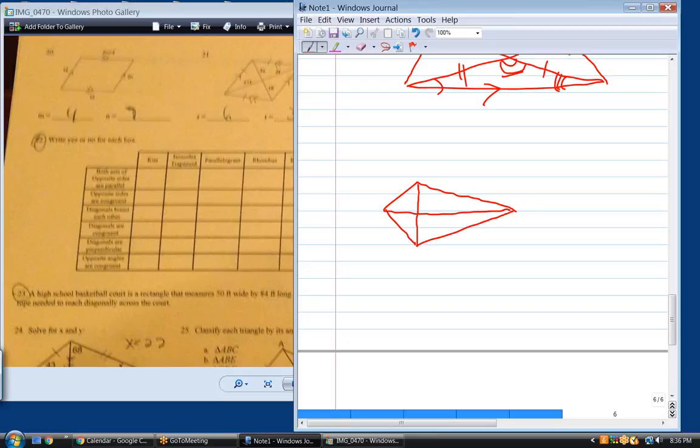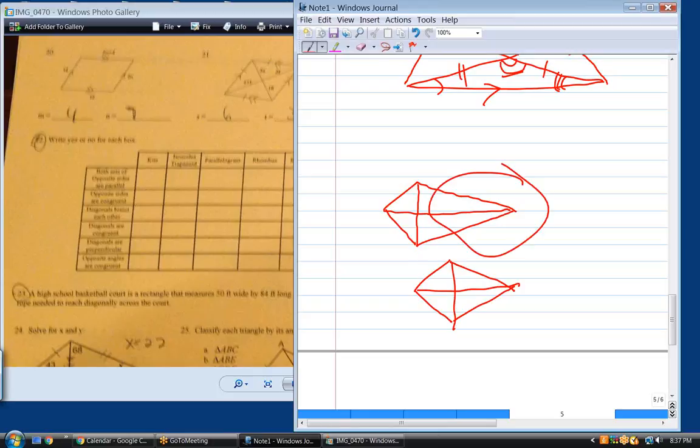And that's why I suggest always drawing it a little exaggerated. In other words, if I'd have drawn my kite like this, it's not so easy to see the diagonals are different. But if you draw it with a little longer tail, it becomes obvious that the diagonals are not the same.